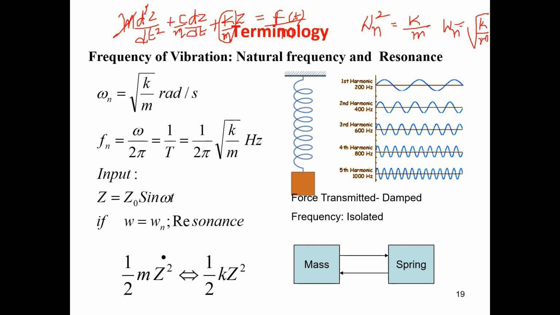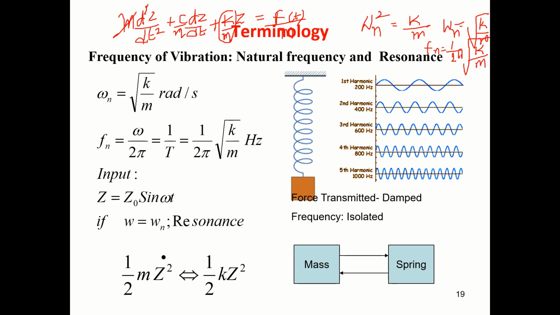We call it the natural frequency of the sprung mass. We can also write this as fn. f is omega by 2 pi, so it is 1 by 2 pi root of k by m.